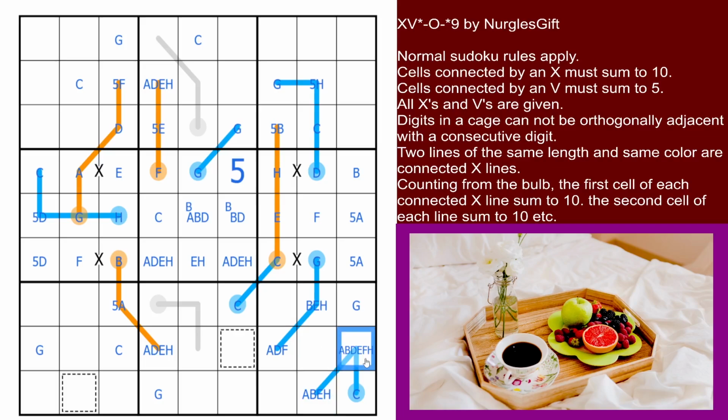D, F. So that is not HB. That's it. Oh, that's not A also, right? 5A. That's not E. 5A, D, F. So 5 is here now.